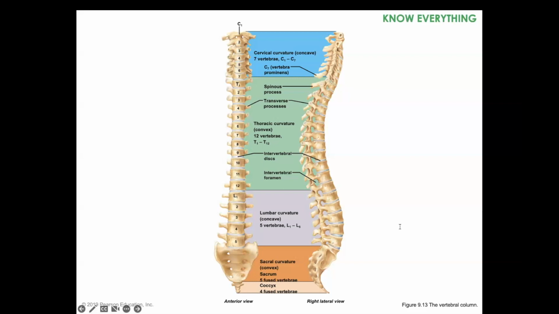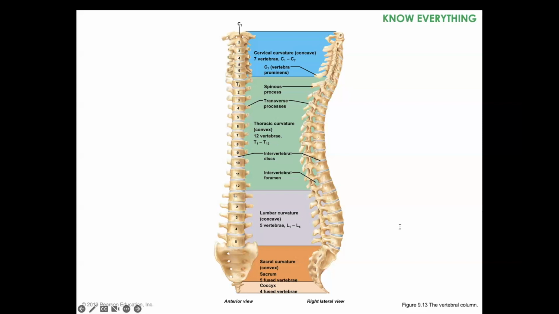The easiest way to remember what order and how many vertebrae are in each section is to think about the times that we eat food. We eat breakfast at 7, so the cervical has 7 vertebrae. We eat lunch at 12, thoracic has 12 vertebrae. Dinner at 5, lumbar has 5 vertebrae.